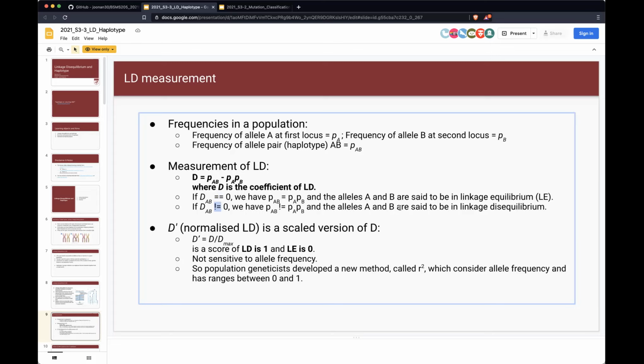But in this measurement, you have one issue about the scales of the frequency, right? If you think about the alleles in the population, some alleles have higher frequency, some have lower frequency. So this calculation has to be influenced by the frequency of the allele. In that case, you have to think about a different way to make a fair comparison.